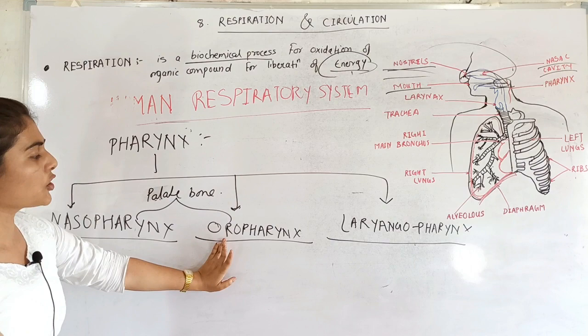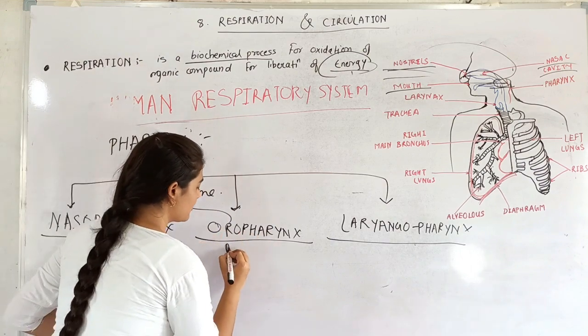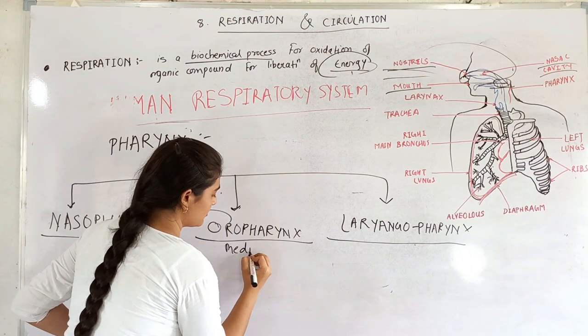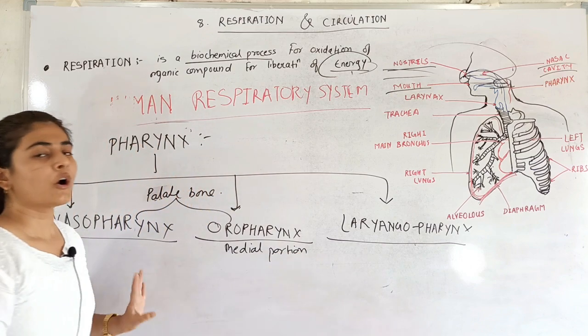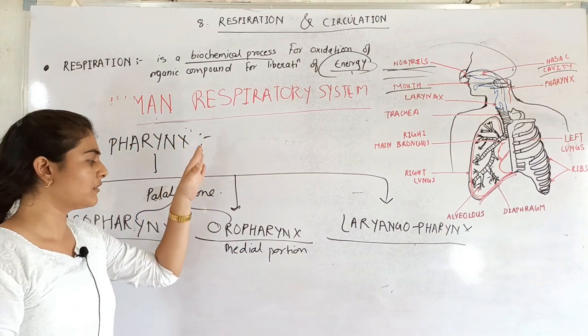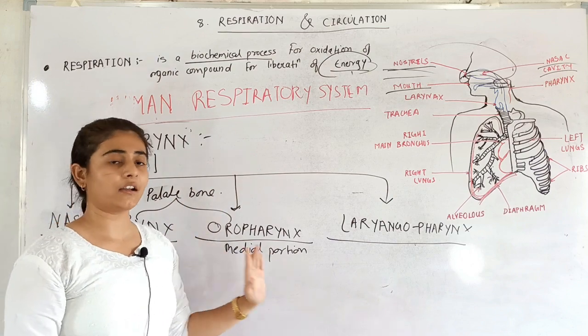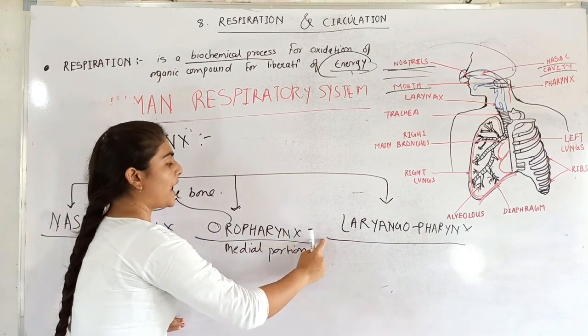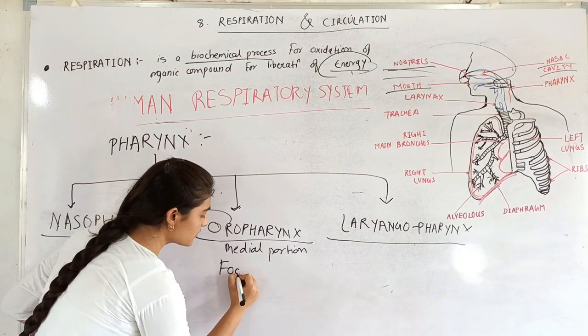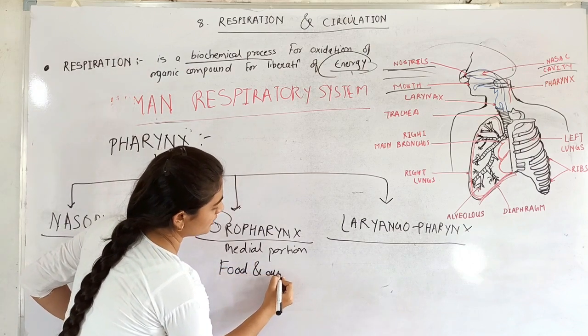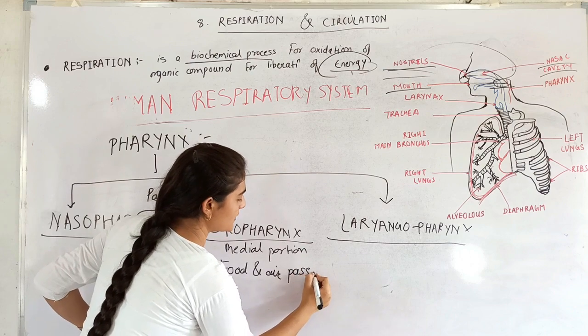Another part is the oropharynx, the middle portion, which provides a common passage for the passing of food and air. This is the part of the pharynx through which air and food pass.